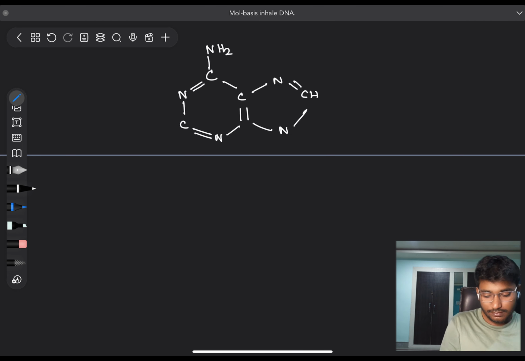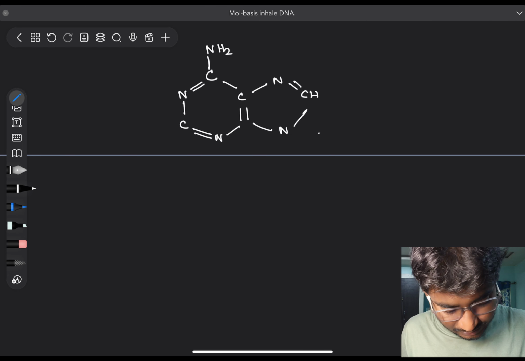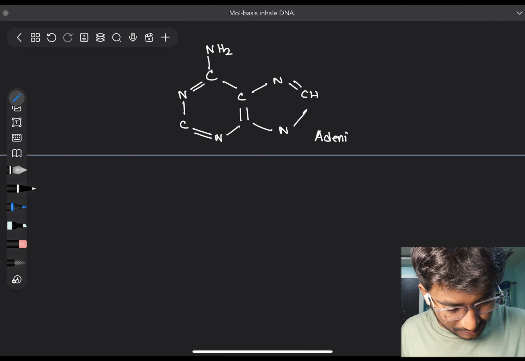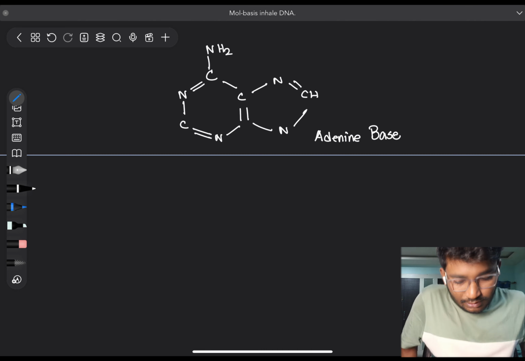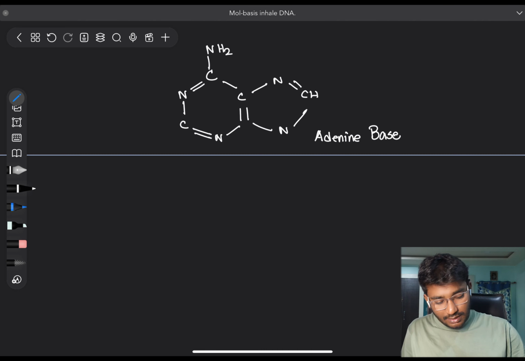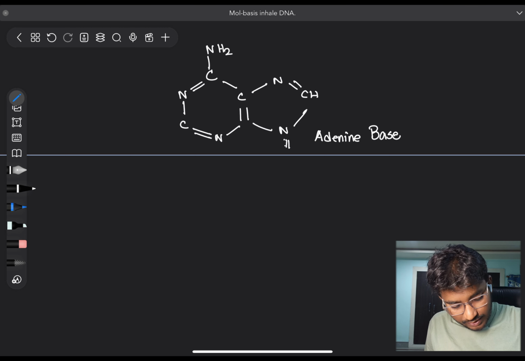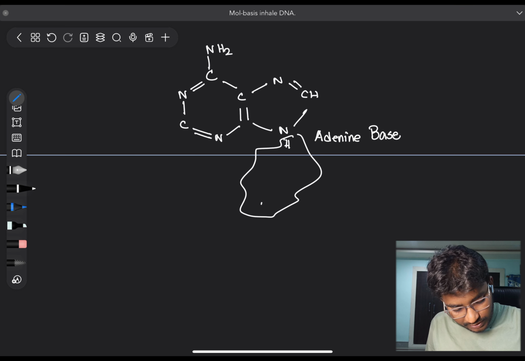Okay. This is the structure of the adenine base. Now here, another hydrogen is bonded with the OH group of this structure.